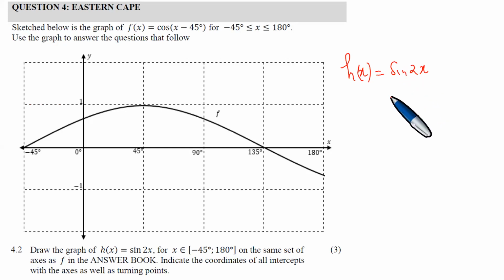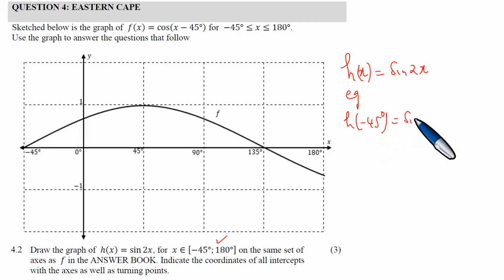If we sketch this between -45 and 180 degrees, we just need to substitute. For instance, I'm just going to include one point, the rest will be easy. We start evaluating the function at -45 degrees.